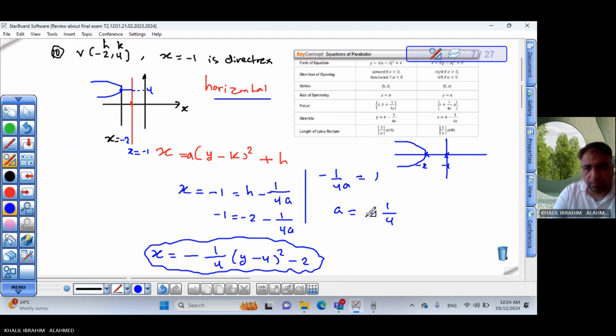That's it. To get the answer, A equals -1 over 4. Well, that's good because this gives us the direction is to the left, not right. Okay, that's fantastic. Okay, let's move to the next question.